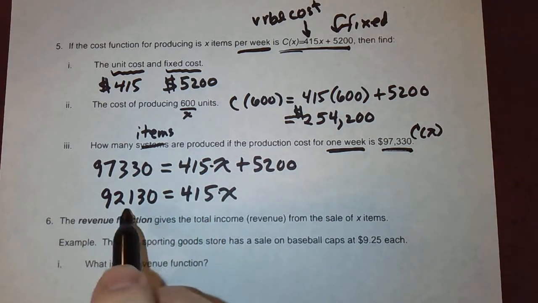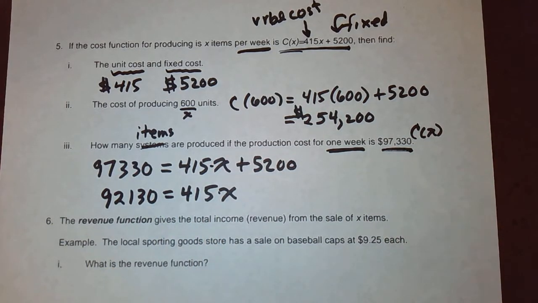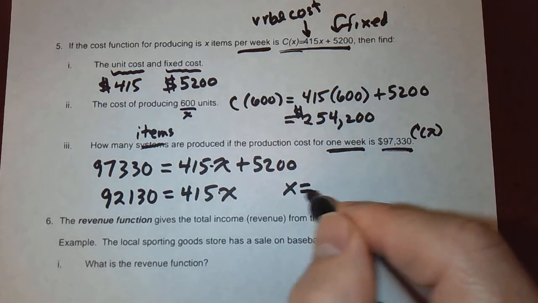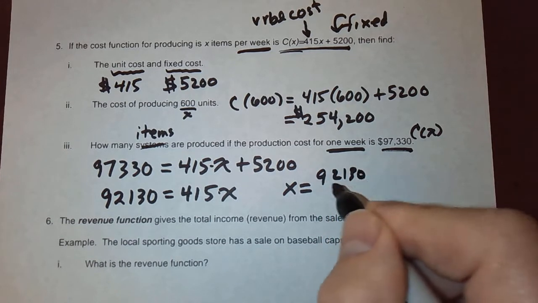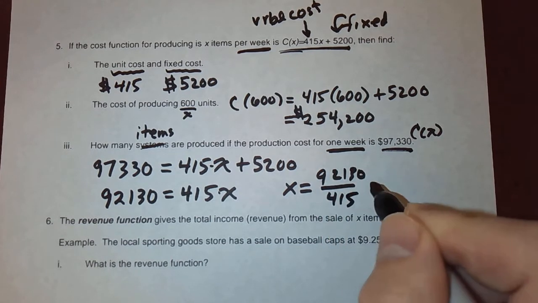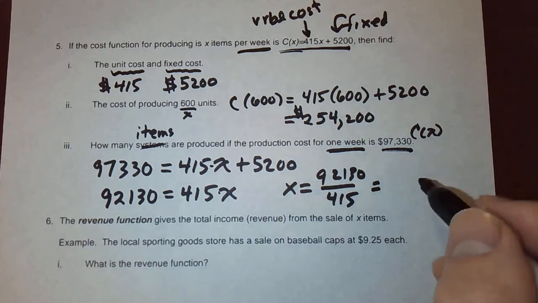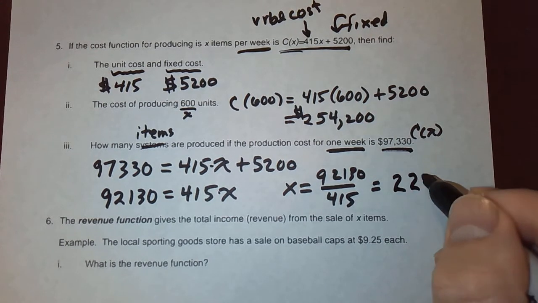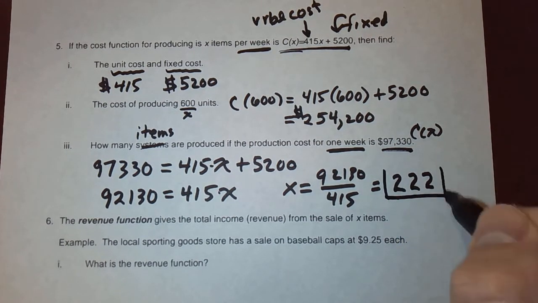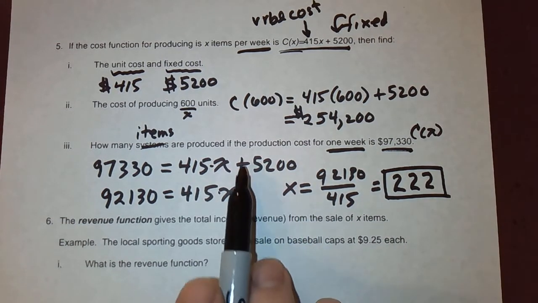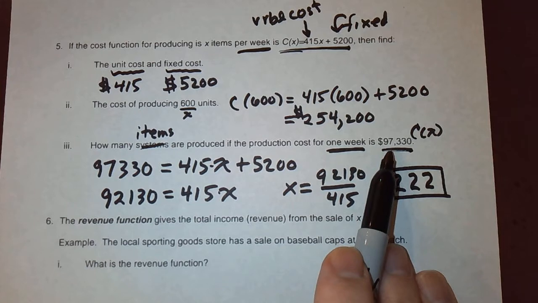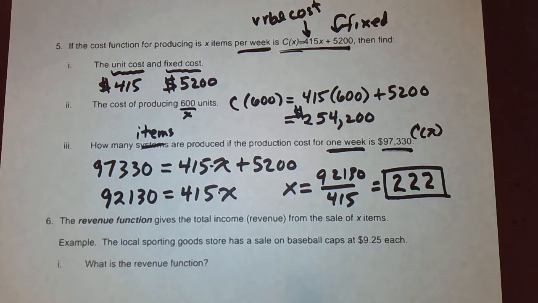So we'll divide both sides by 415 to get x by itself, x being the quantity, and we get x equals 92,130 over 415, which is equal to 222. That's how many items would be produced to get a production cost of $97,330.